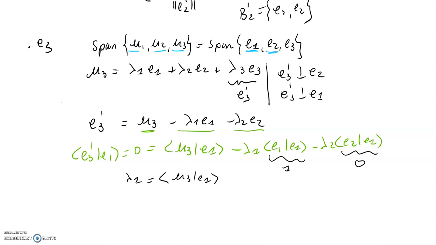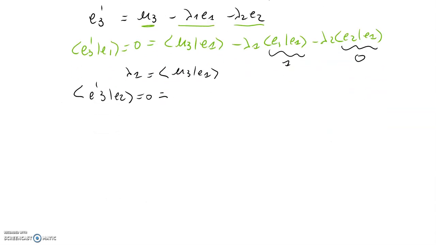Similarly, E3 prime with E2 should be equal to 0 because they have to be orthogonal, which is given by u3 with E2 minus lambda 1 E1 with E2 minus lambda 2 E2 with E2.